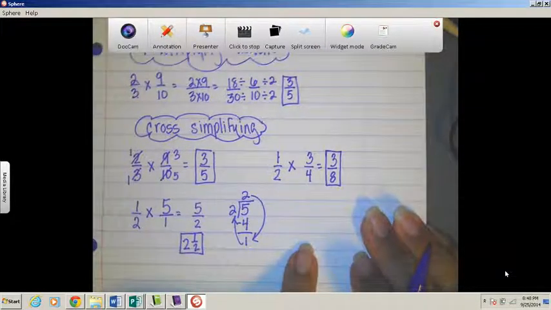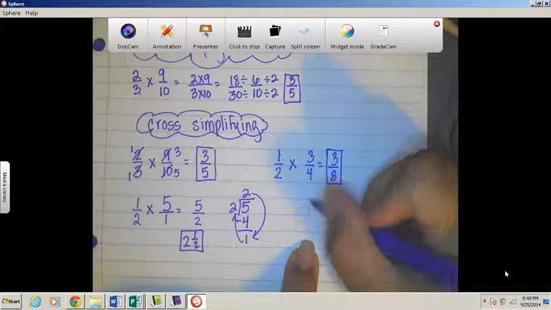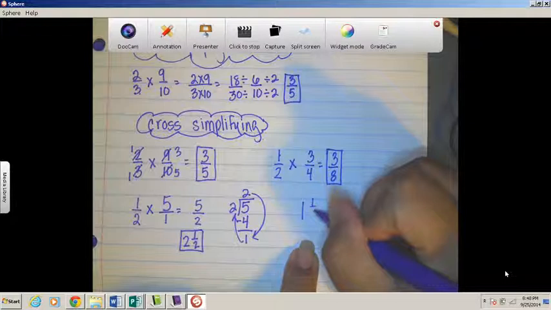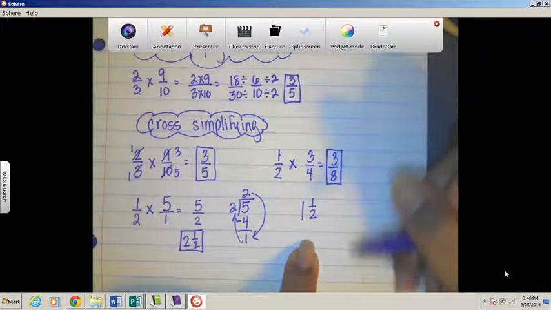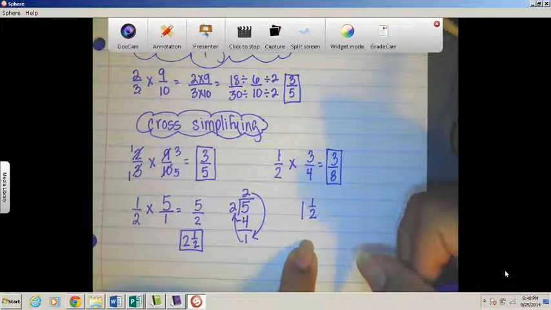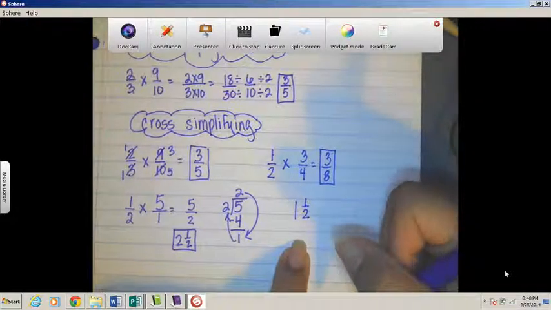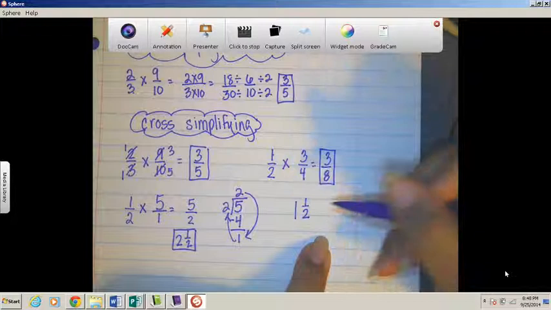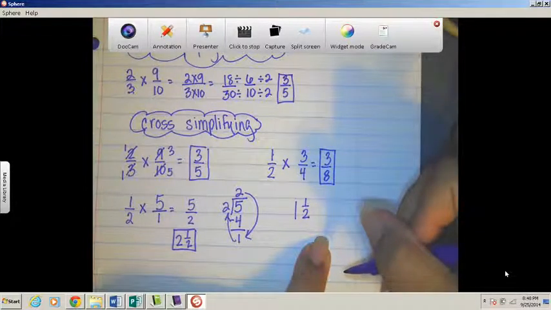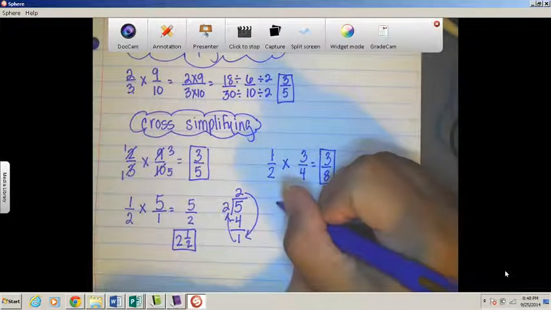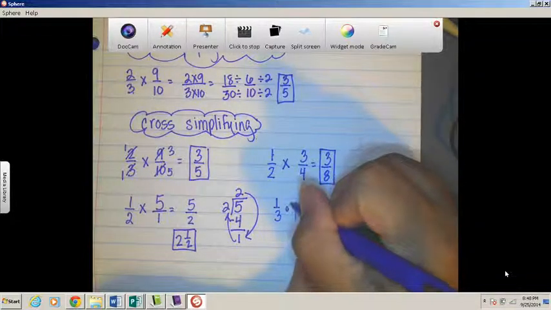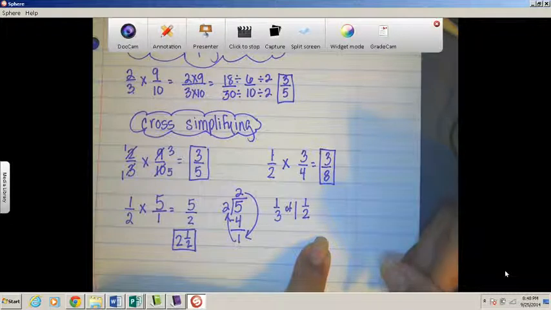Let's see. 1 and 1/2 packages of cookies. I'm going to give a third of those packages to a friend. So I need 1/3 of 1 and 1/2.